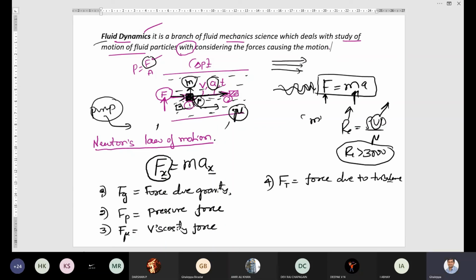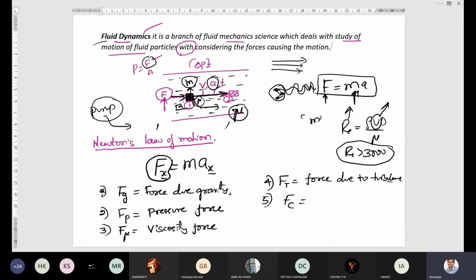Again, what does turbulence mean? One fluid particle will collide with another fluid particle, the second fluid particle will collide with an adjacent third fluid particle. When they collide with each other, some kind of force, some kind of friction will be developed. That is also one type of force consideration. And fifth and last, the force due to compressibility, because whether the fluid is compressible or incompressible comes into the picture.